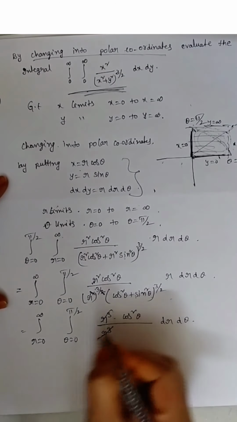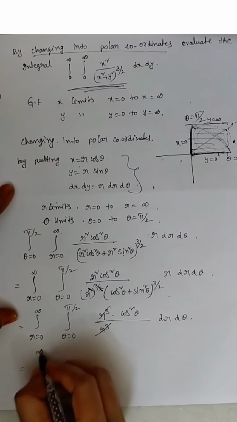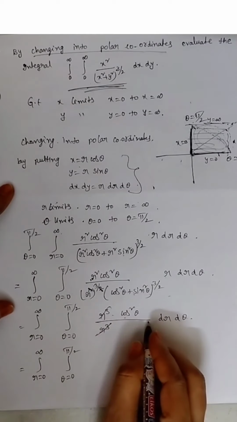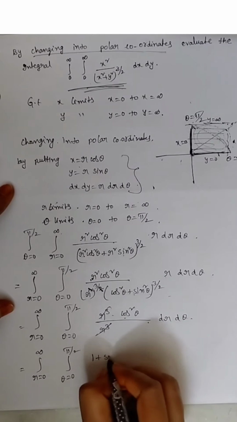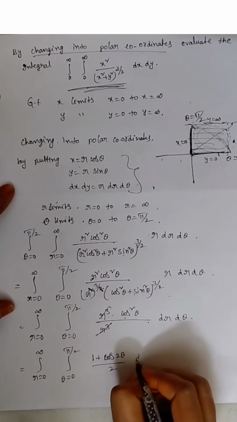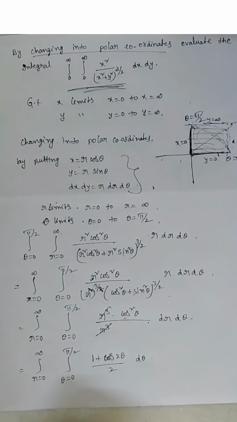So r cube gets cancelled. So this equals integral r equals 0 to infinity, integral theta equals 0 to pi by 2, cos square theta d theta. Cos square theta we can write as (1 plus cos 2 theta) by 2.